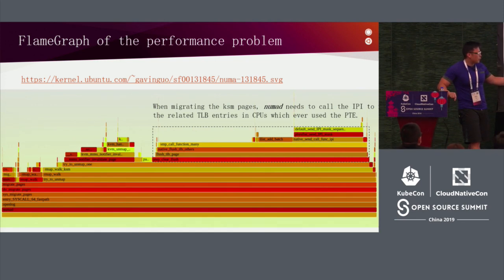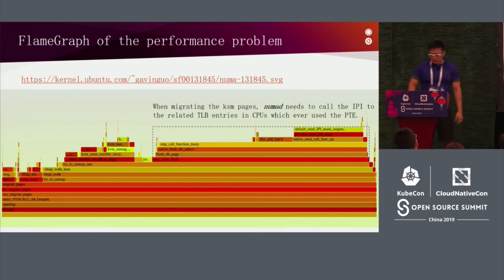You can see the bar is too long. What is the work? The rmap walk. It's the reverse mapping: for the ones whose PTE is mapped, you do the IPI, and the total is here.